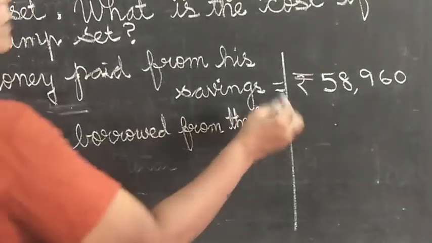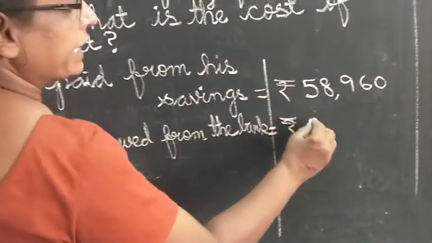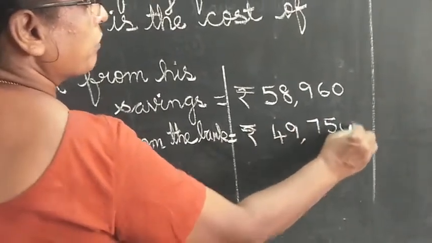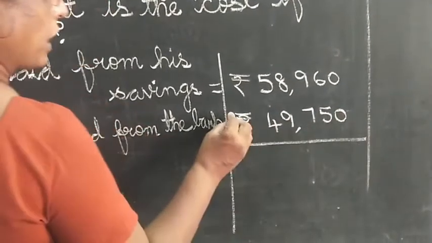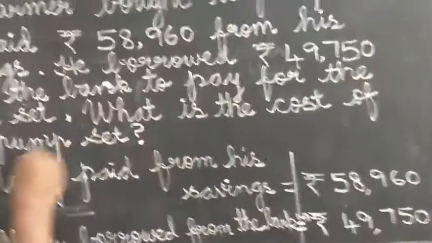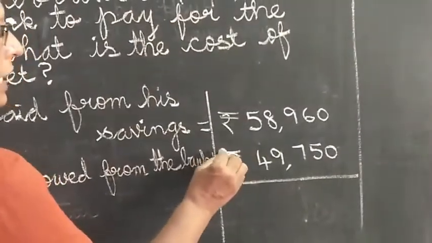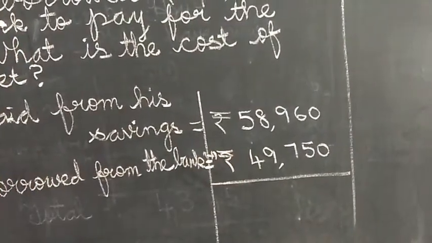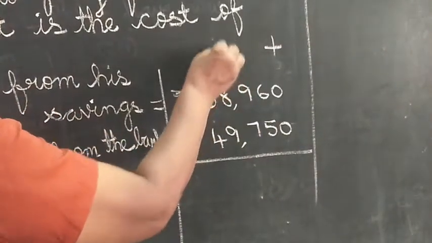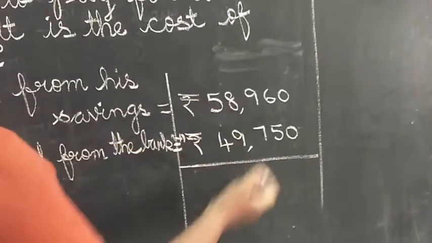Money borrowed from the bank, rupees 49,750. After writing, what you have to do? This is add, isn't it? So total, what is the cost of the pump set? Means you have to add only. So you have to put the addition symbol. Okay, children. All know addition means this cross symbol, isn't it? Don't write it like this cross. Then it means multiplication. Don't do that.